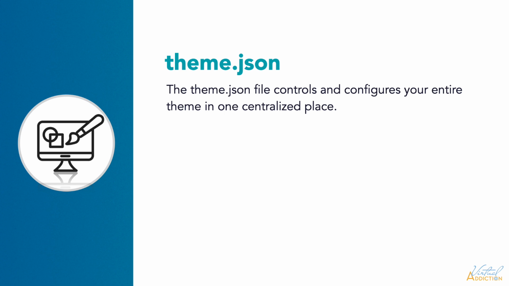Before we jump in and start coding, I did want to review a few things regarding Theme.json. The Theme.json file controls and configures your entire theme in one centralized location.